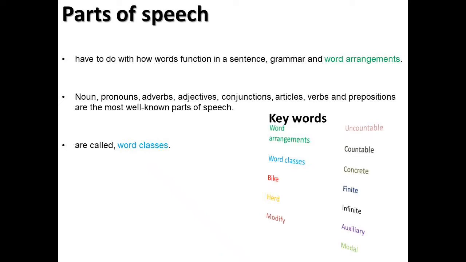We should know by now that all sentences are made up of words, and that every word that is written has a function that it fulfills. These functions are called parts of speech.